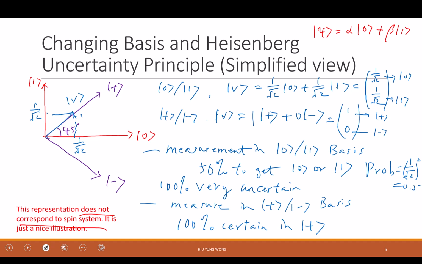Position: every position is a basis state. We don't talk about quantum mechanics, but now I tell you. The electron at x equals 0 is at the basis state x equals 0. X equal to 0.01 is another basis state, basis vector. So in this space, it is a continuous basis. When I do measurement, it collapses to one of the basis states.